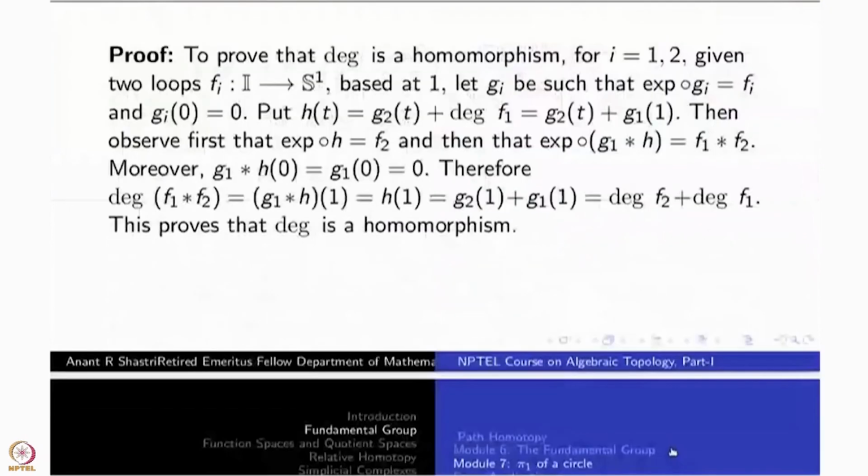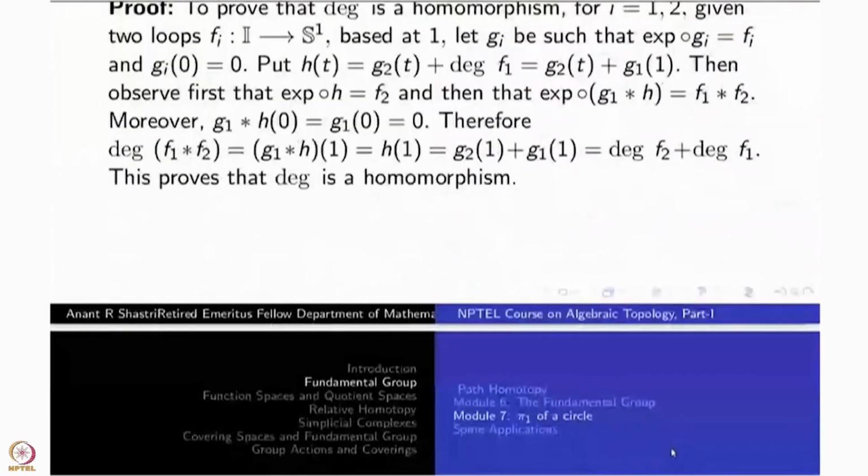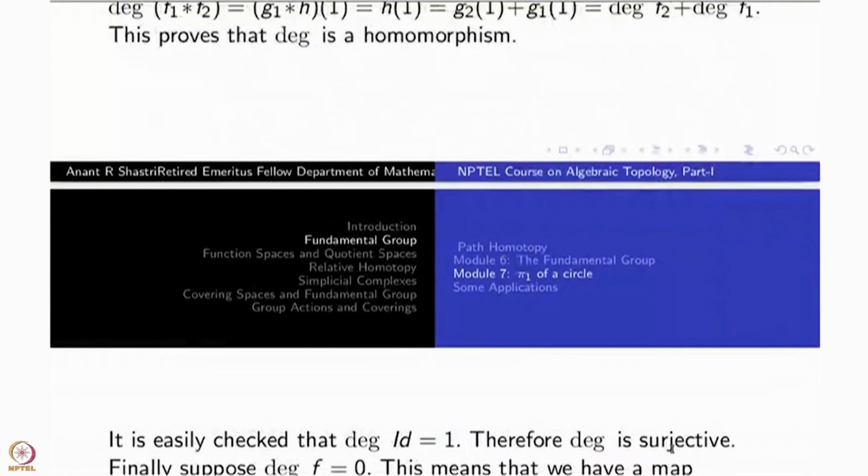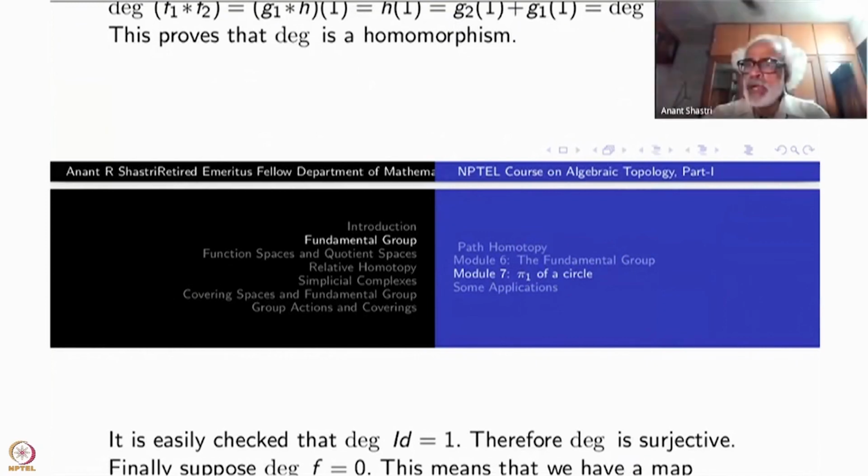Now we shall prove that this map is an isomorphism. What happens to the identity loop, S1 going to S1? Namely, on the interval 0 to 1, t goes to e raised to 2 pi i t. What is its lift at t equal to 0? It will be just t going to t. Therefore, when t equals 1, the end point will be 1.